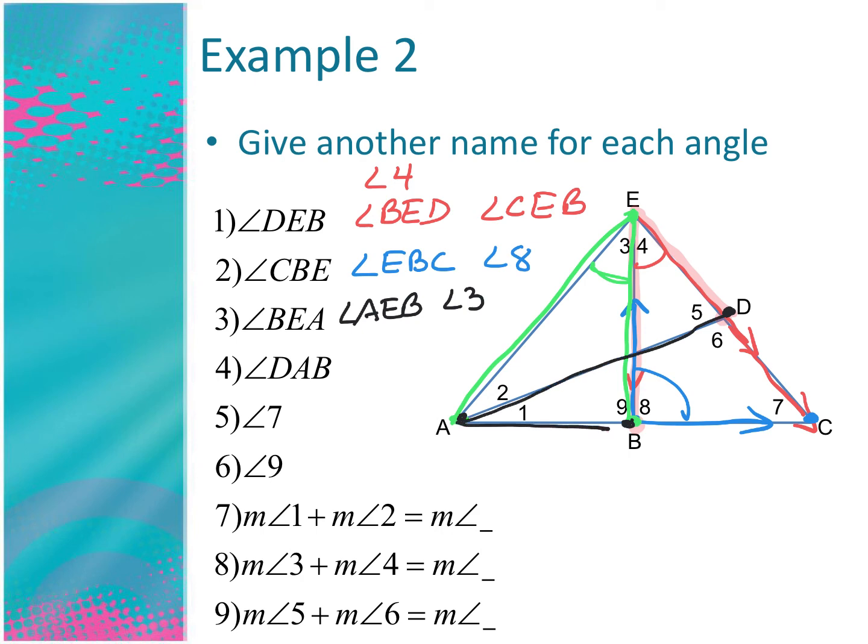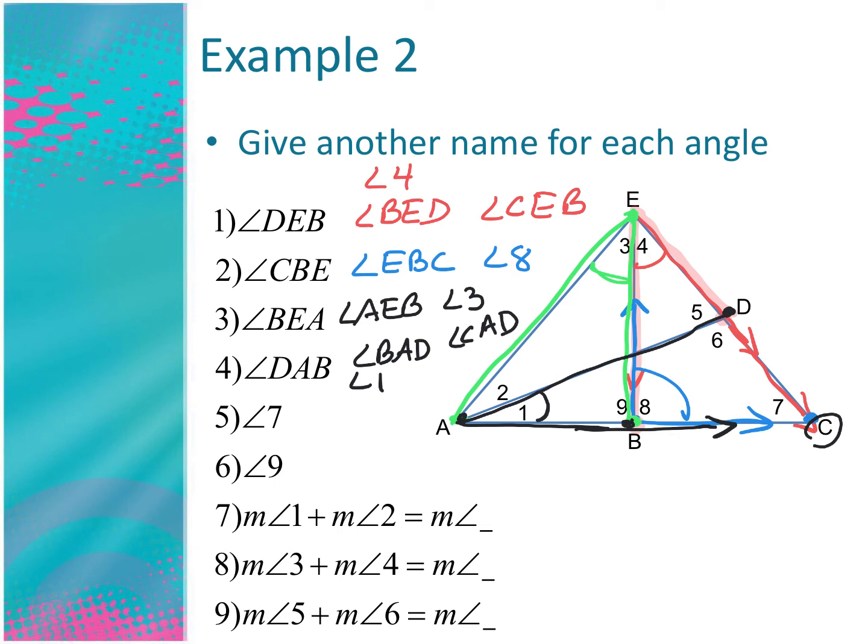So I could reverse the letters again, BAD. I could also call that angle 1. And this is another one where, remember, the ray keeps going. So I could have also started at C and said angle CAD, or reverse that one as well.